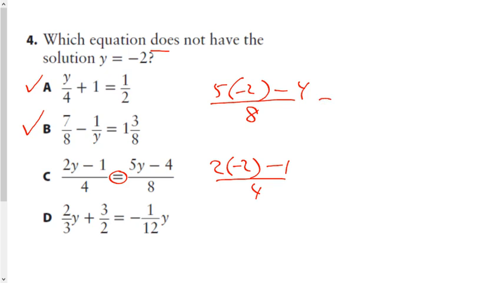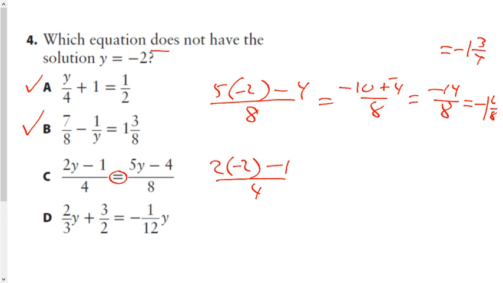Using BEDMAS, I got negative 10 minus 4 over 8, which is keep, flip, change. It's negative 14 over 8, which is negative 1 and 6/8, which is equal to negative 1 and 3/4. So when I work that out, using BEDMAS, this expression, when y is equal to negative 2, has a value of negative 1 and 3/4.